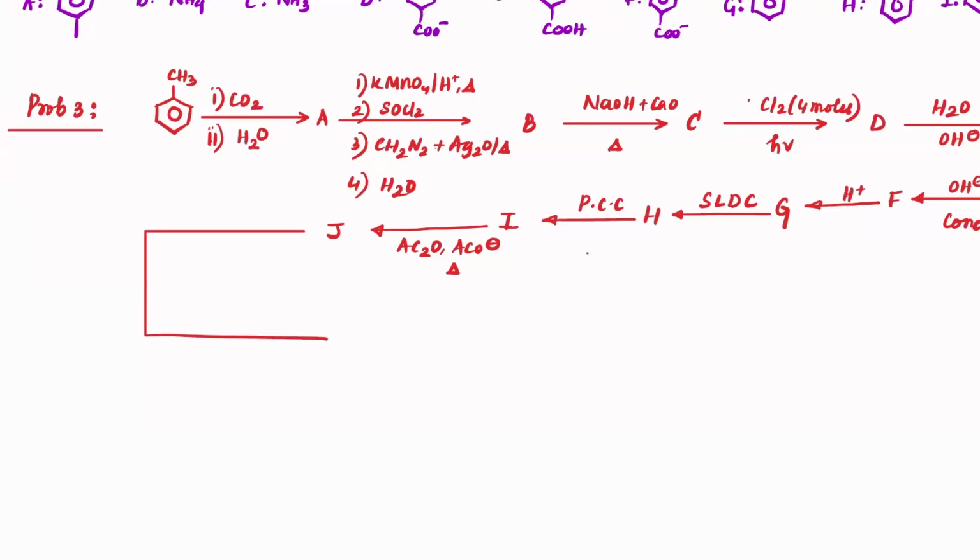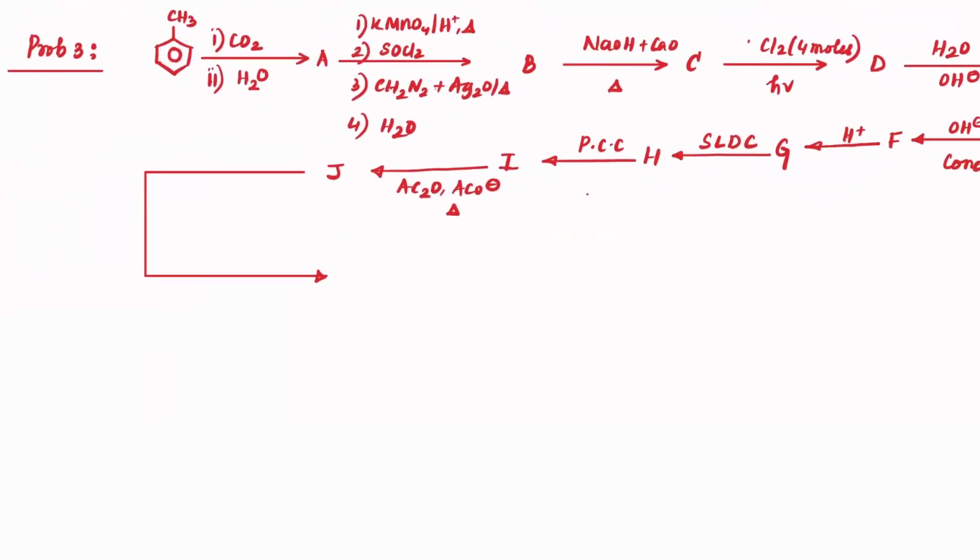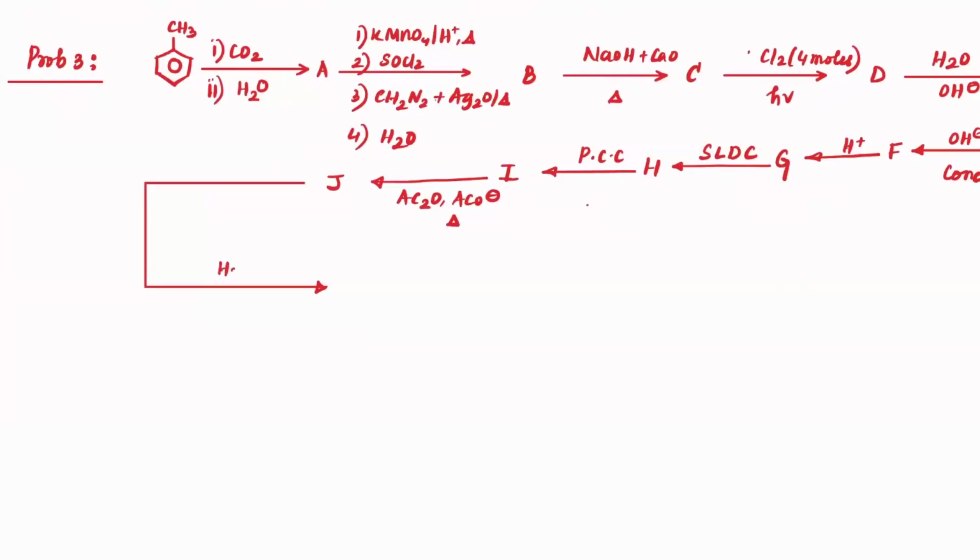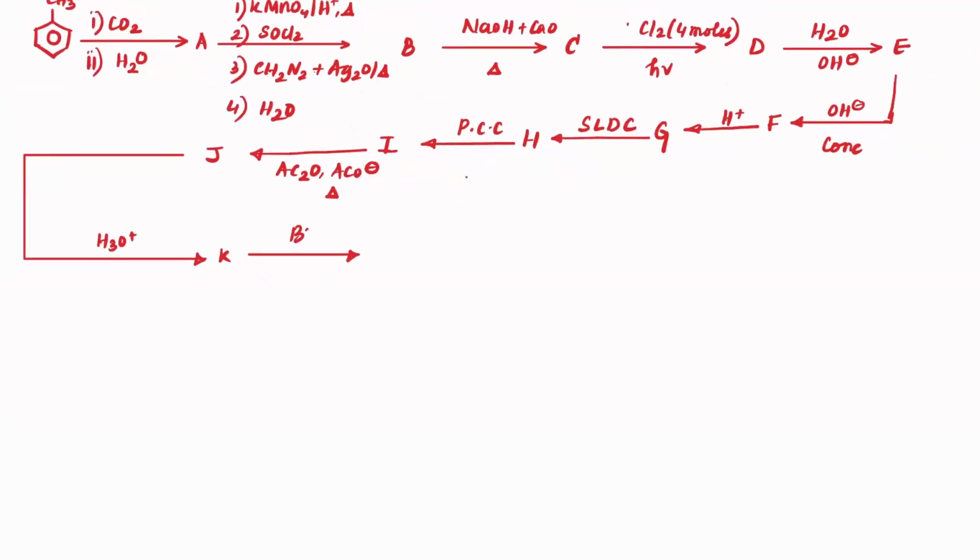And J, as you treat with H3O plus, you will get the K. And K, when you treat with Br2 and CCl4, I'll get this as L. And L in the presence of NaOH, sorry, K2Cr2O7 and heat.